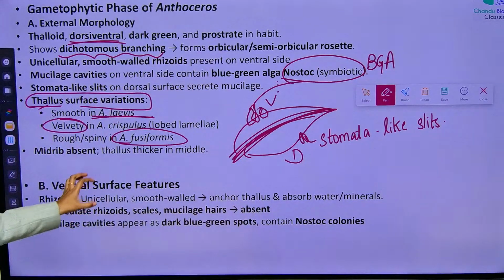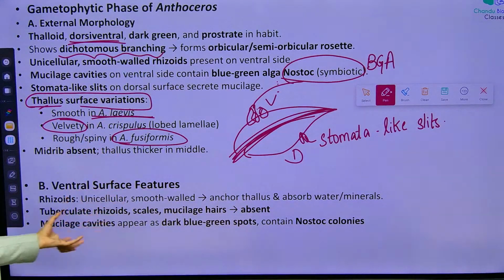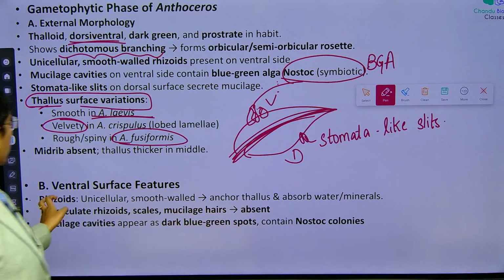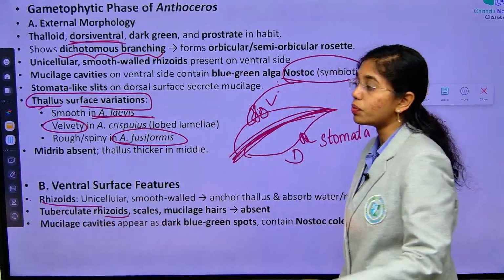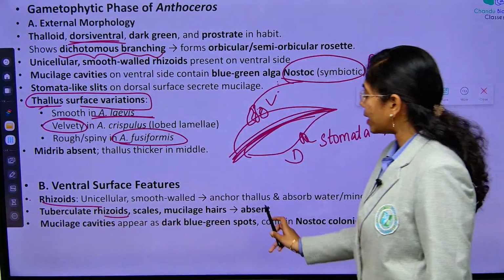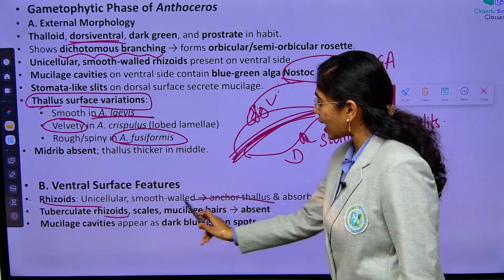Now you will observe both ventral surface features and dorsal surface features. The ventral surface has rhizoids, tuberculate rhizoids with scales. Mucilaginous hairs are absent.